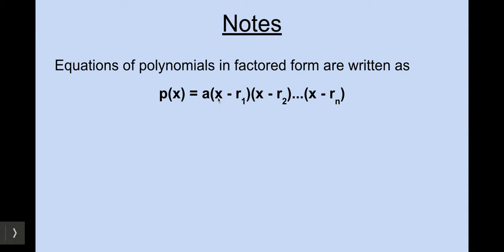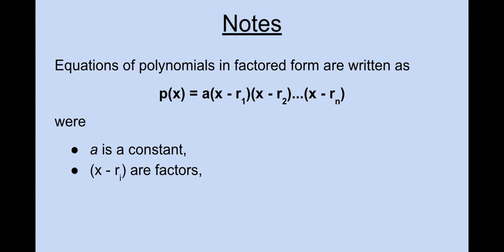So polynomials in factored form can be written as this, what we just have seen, right? It's x minus the factor, or x minus the actual x-intercept, x minus the other x-intercept, and just list them out. And then there's this constant out front that'll get the peaks and the valleys, the maxes and mins correct. All right, so here's our general form for factored, where a is a constant, which just means it's going to be a number.